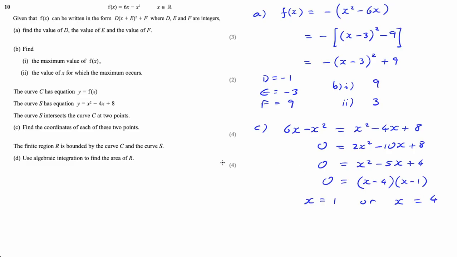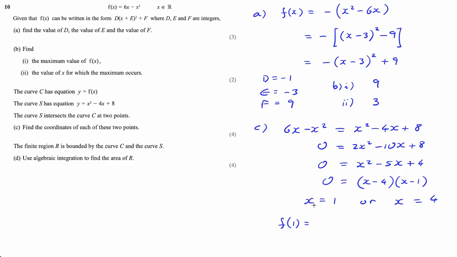Now we need to get the y because, well, he wants the coordinates. So how do I get the y? Well, I sub into this. So I can sub into either this or this, guys. So let's just do the first one. F of 1 is equal to 6 minus 1, which is 5.